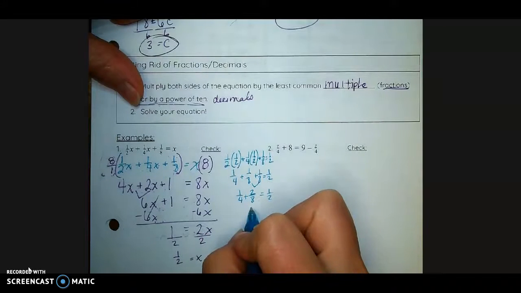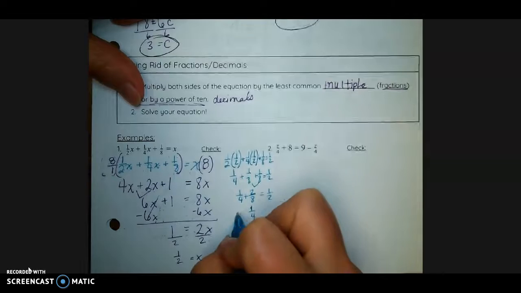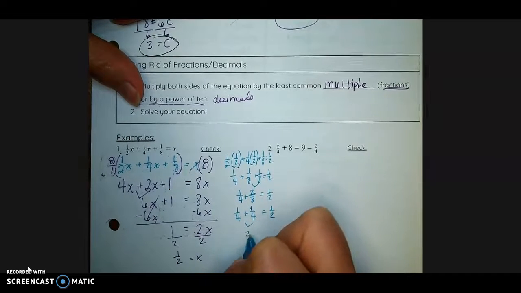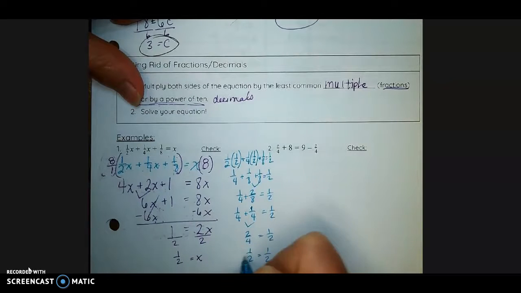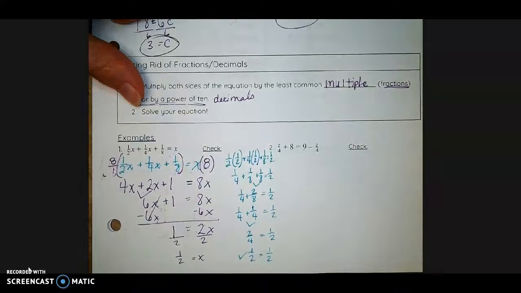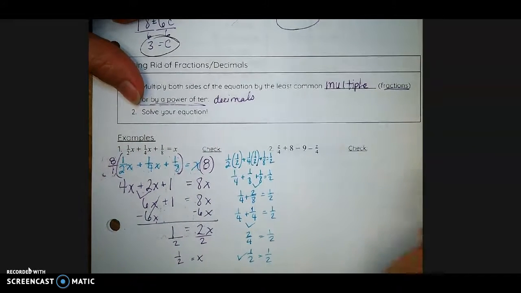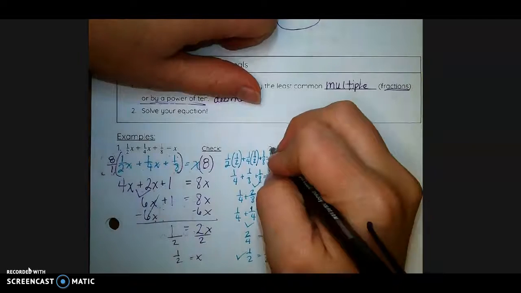I can reduce that to 1/4. That is 2/4, so it is also the same as 1/2. If you need to slow that down to take a look at that fraction work a little closer, please feel free to pause it and try it out and go back and look at it again.